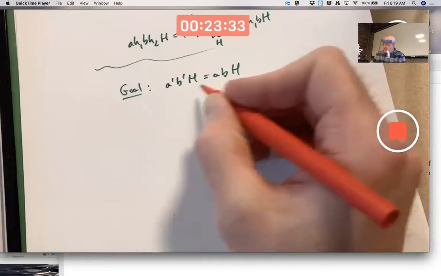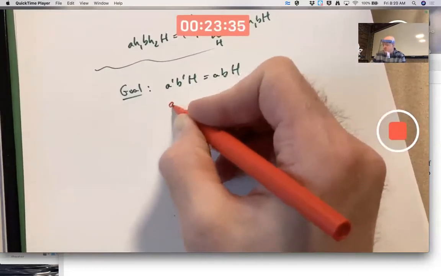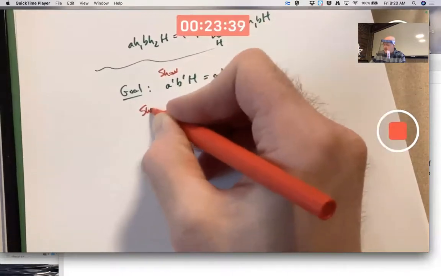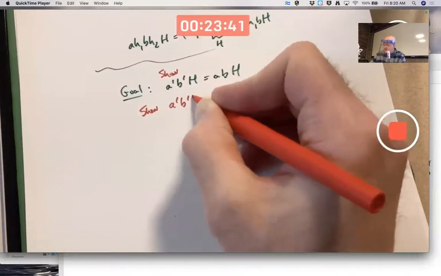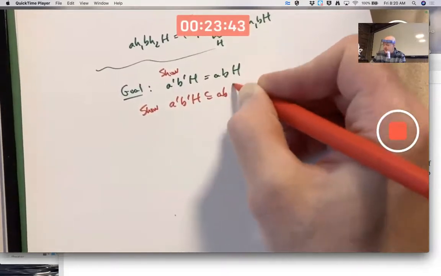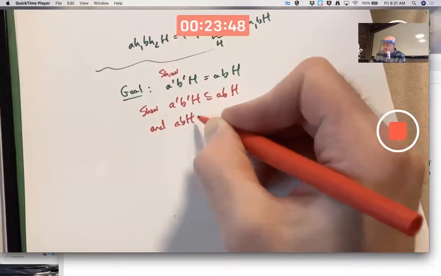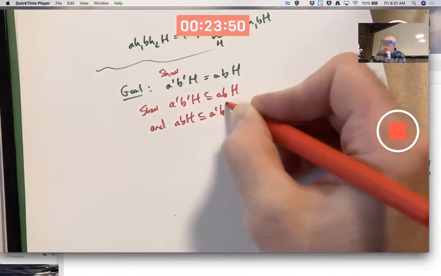For example, these are two sets. We'd want to show that each one is a subset of the other, like this is true, and this is true. This would be another way to try to show it.